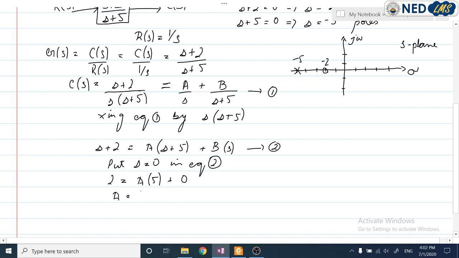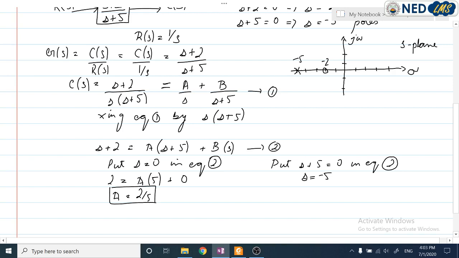So the value of A will be 2 divided by 5, and to get the value of B, we put s plus 5 equal to 0 in equation 2. So now s is equal to minus 5.